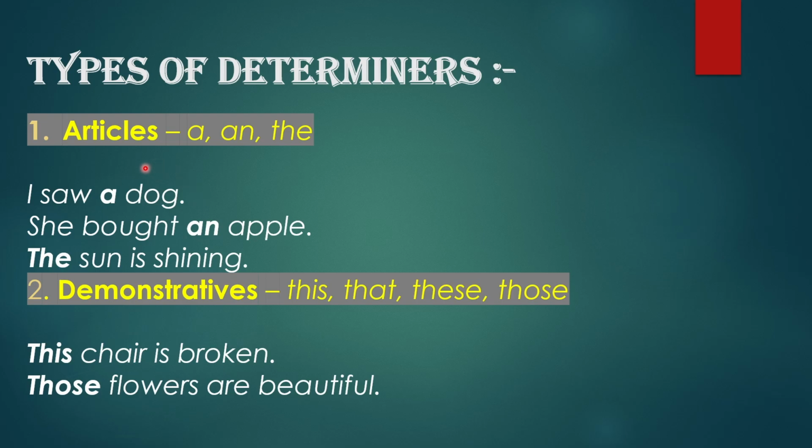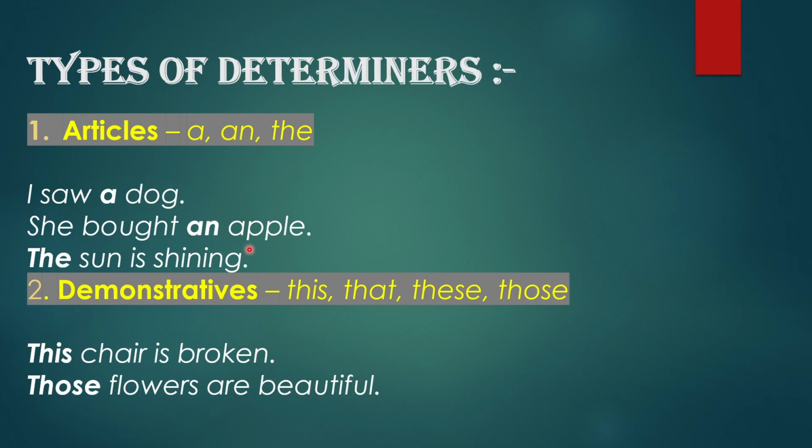And the word dog starts with the consonant sound d. In the second example, she bought an apple. Here, the noun apple starts with the vowel sound a. So an apple.